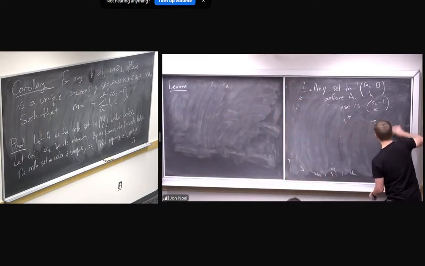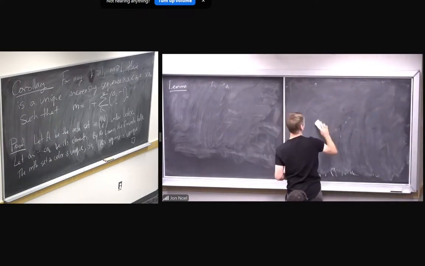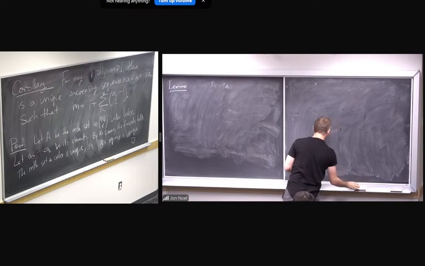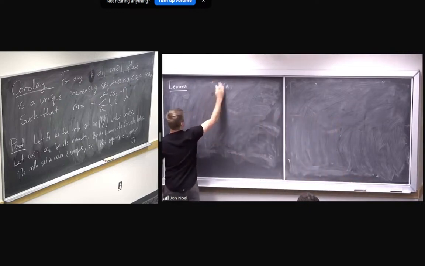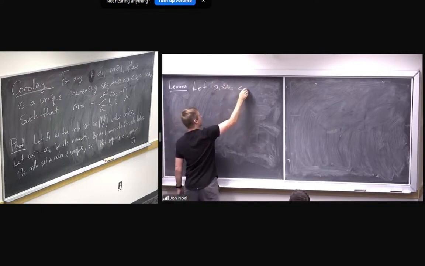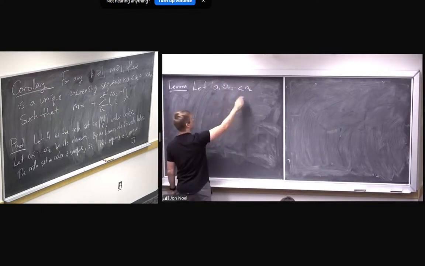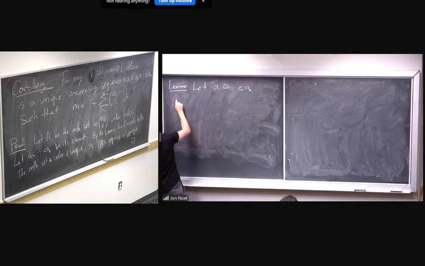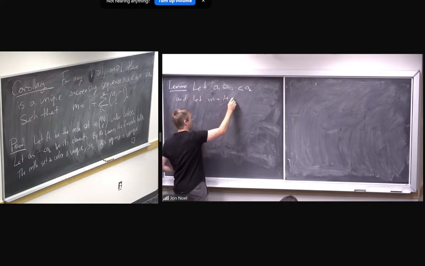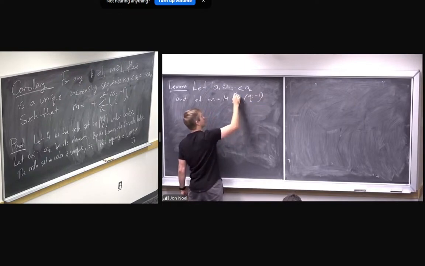So let's see if I can do this in 1 minute. Take an increasing sequence, and let m be 1 plus this same sum as usual, the sum of A_i minus 1 choose i, i equals 1 to k.